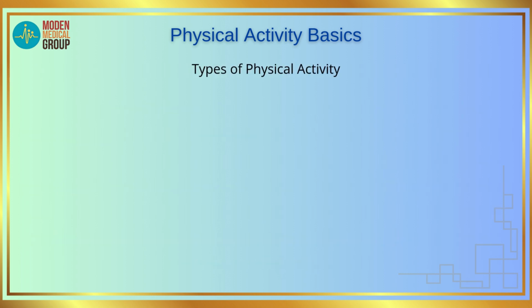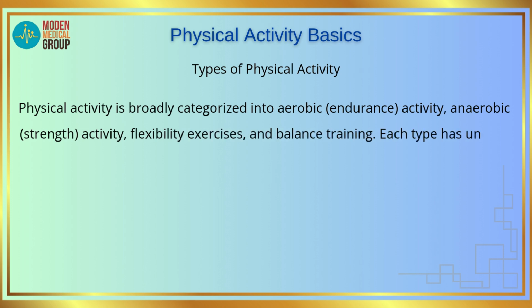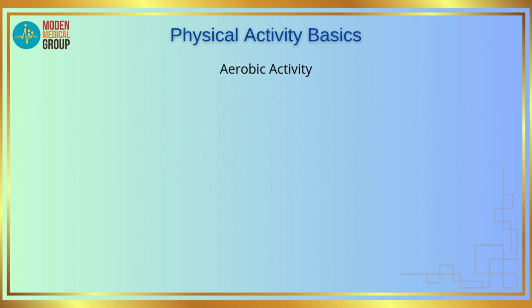Types of physical activity. Physical activity is broadly categorized into aerobic (endurance) activity, anaerobic (strength) activity, flexibility exercises, and balance training. Each type has unique benefits, and a well-rounded exercise program should incorporate elements of all four. Aerobic activity.